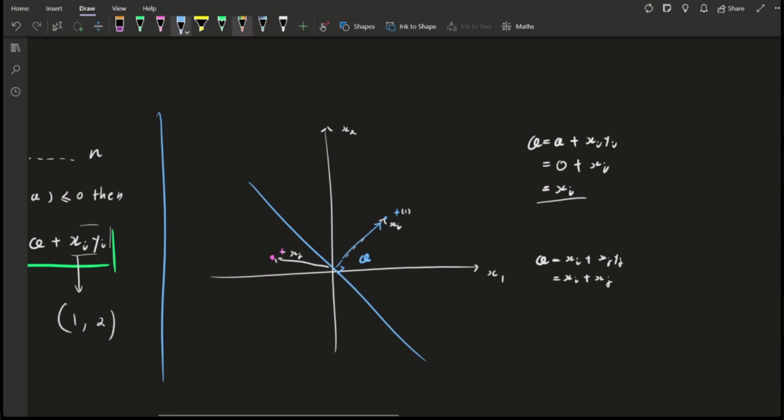With vector addition, which you should know, we're taking this vector and adding on the direction of this vector, creating a new normal to the decision boundary, which is now able to classify both points correctly, right? So both points are on the positive side. And that is basically what the perceptron learning algorithm is doing.